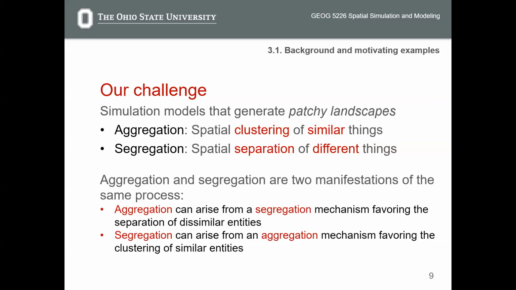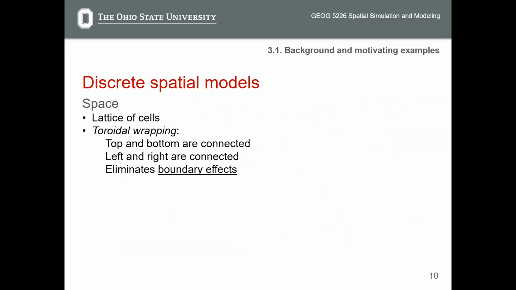So each community with a specific racial context is an aggregation, right? And on the other hand, segregation can arise from an aggregation mechanism favoring the clustering of similar entities. So you cannot separate aggregation and segregation. Okay, you should know that.